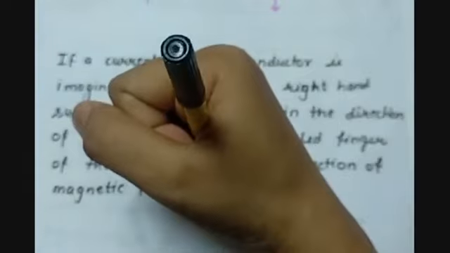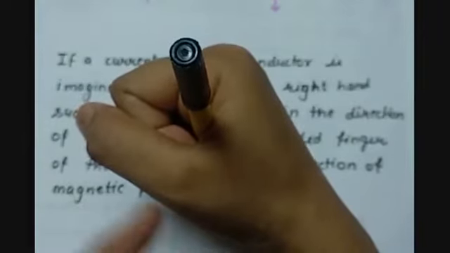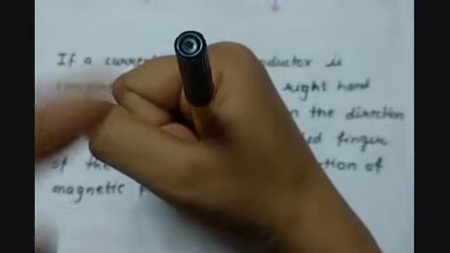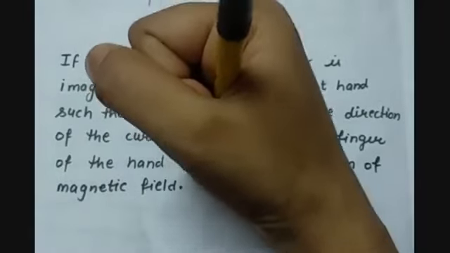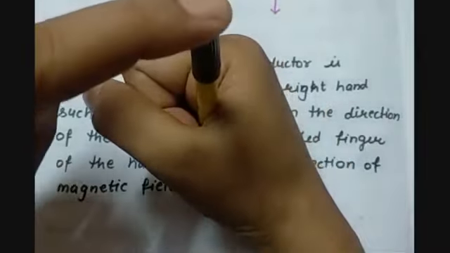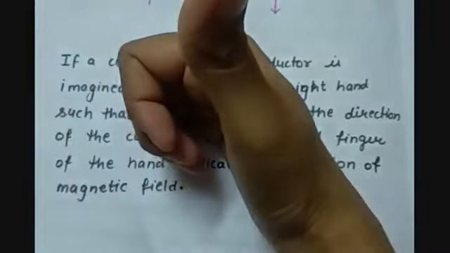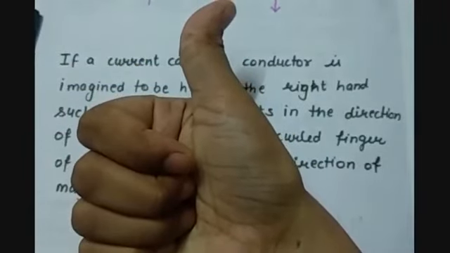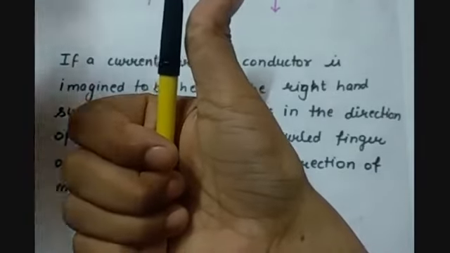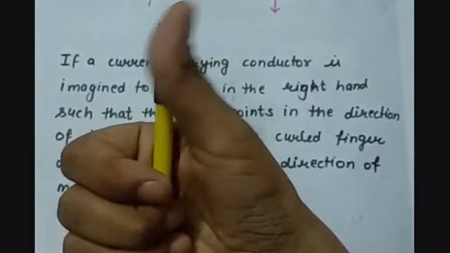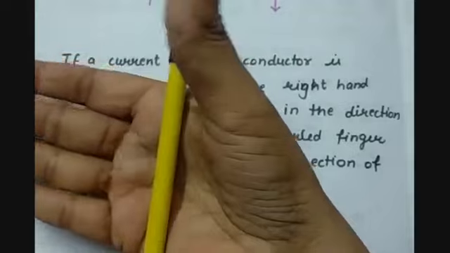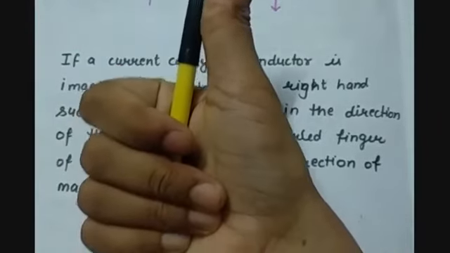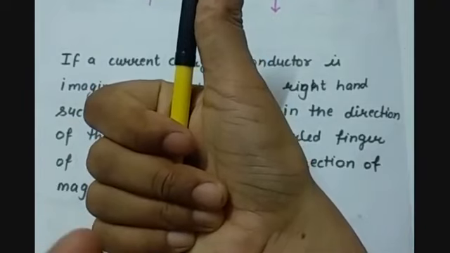This is the direction of the magnetic field lines: when current is flowing from down to up and we are holding the conductor in our right hand, with the thumb pointing in the direction of the current, then our curled fingers give us the direction of the magnetic field around the conductor.